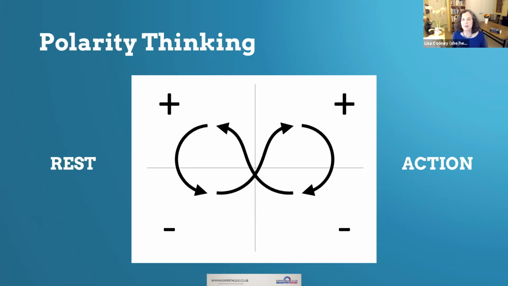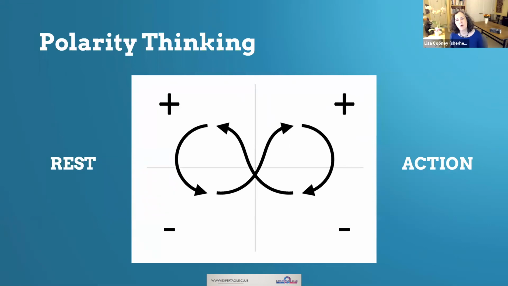So a simplistic example is, as you get more rest, you feel like you have more energy, so you get up and you go out and you do more and more. And then eventually you get to a point where you're really tired and maybe you're exhausted, and so you have to go back and rest.